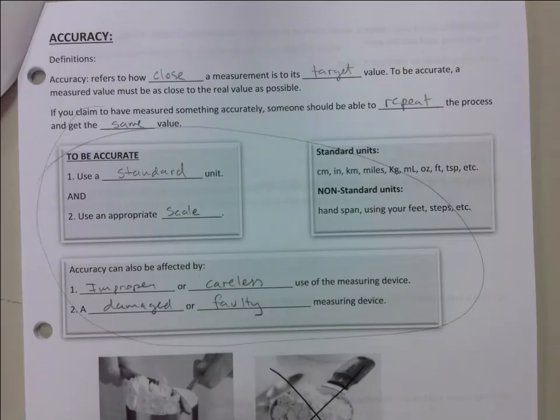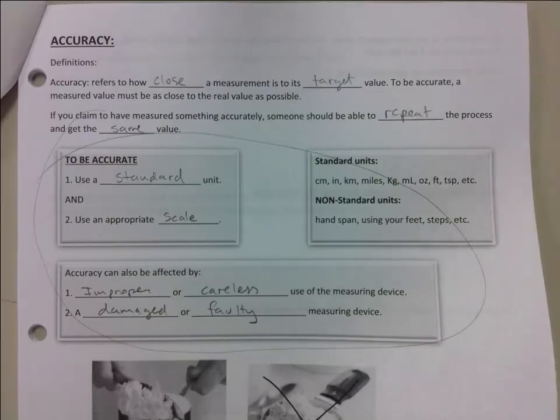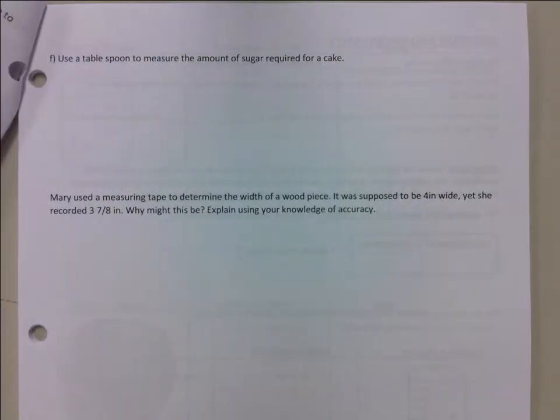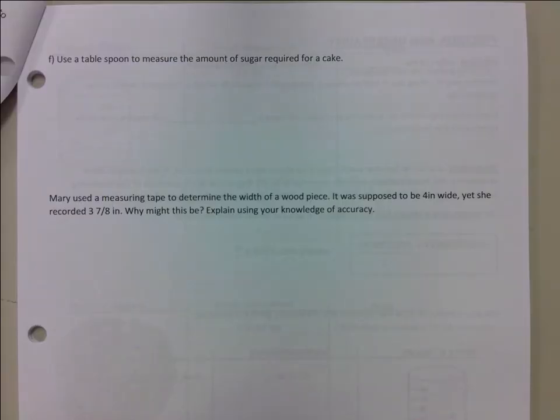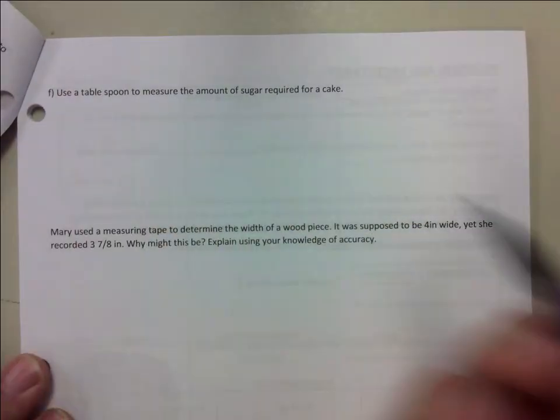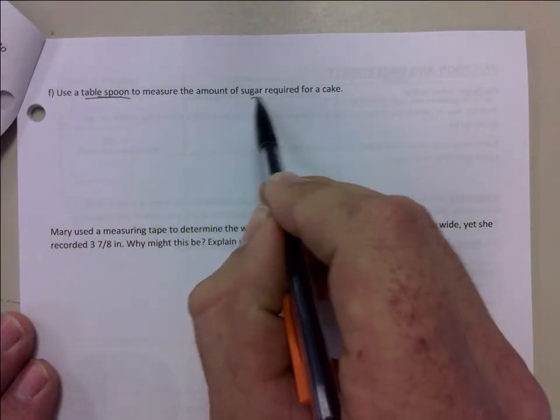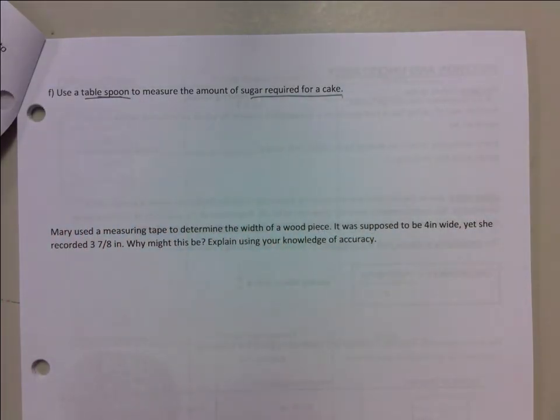I'm not going to talk more about the rest. You've got to watch the video for that. And even those questions that I've asked you, I'm not going to do all of them. I'm just going to do F. If I use a tablespoon to measure the amount of sugar required for a cake, is this accurate?